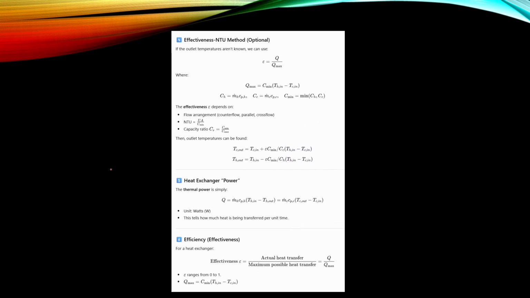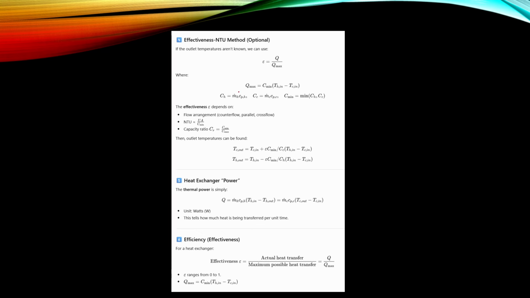The effectiveness of a heat exchanger is a function of heat transfer rate divided by maximum heat transfer rate. And here this maximum heat transfer rate is so-called capacity flow times this temperature difference at inlets.